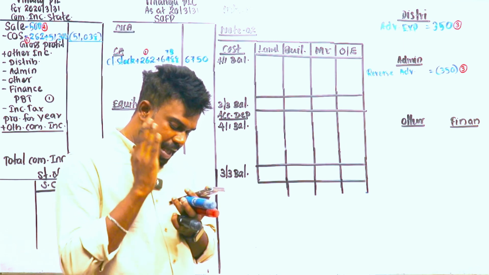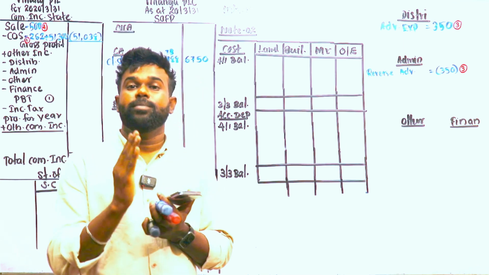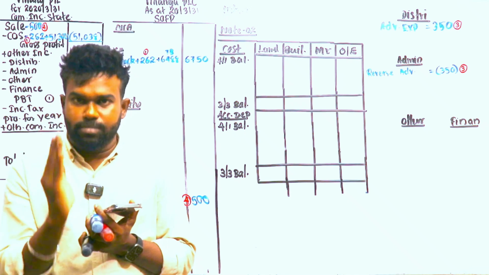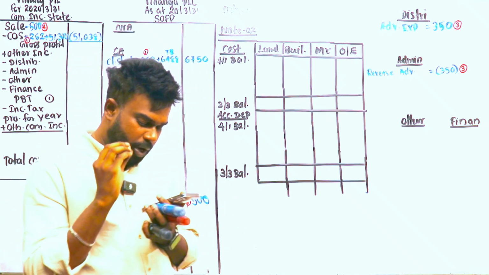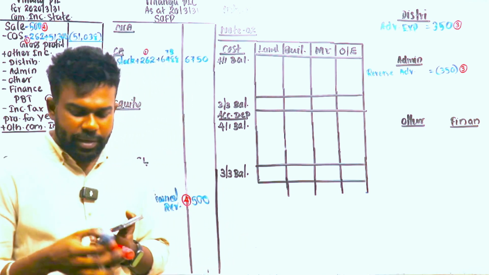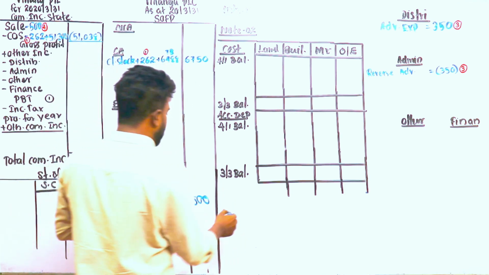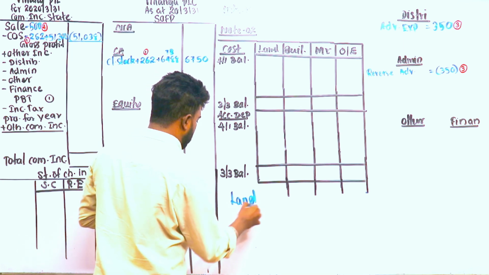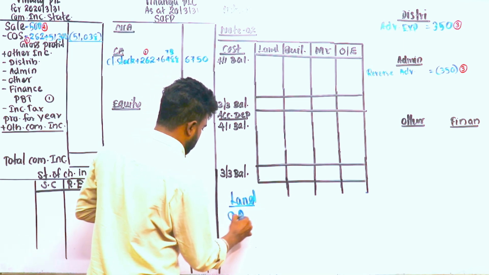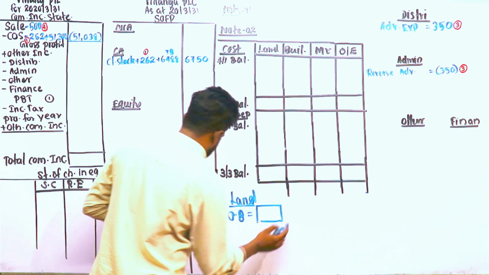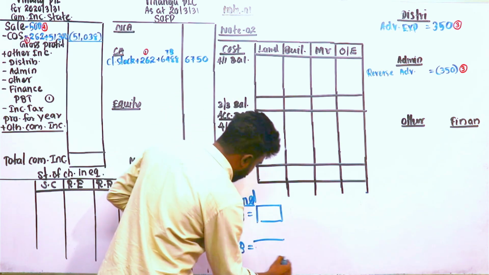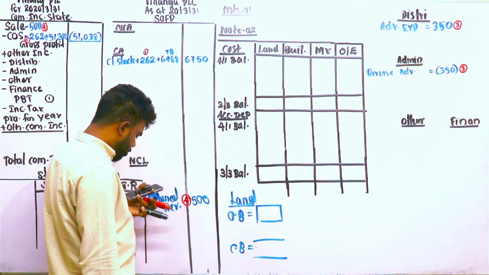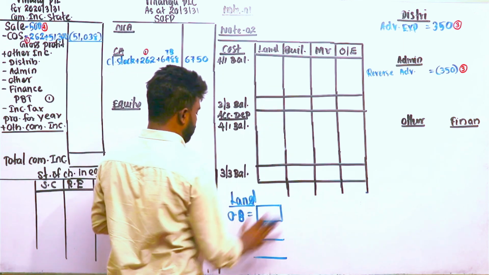Then read again. The land was revalued a second time on 31st March 22, for 18,000. It is not recorded yet, right? At the end of the period. So tell me, land closing. The question provides the land opening balance, right?